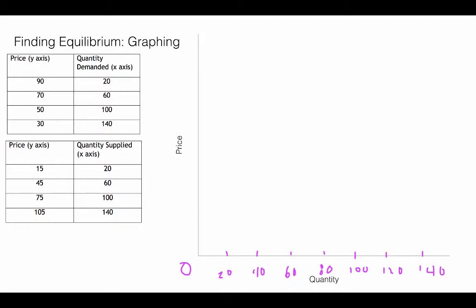Now that I have that labeled, I'm going to also label my price. The price goes up to 105. Again, it's up to you how you want to do this. If I divide 105 by 15, that's an easy number to start at. So let's count by 15s on that price. It means I'm going to have to estimate in a few spots, but that's okay. I can also do by 10s. It'll make it a little bit easier for us today.